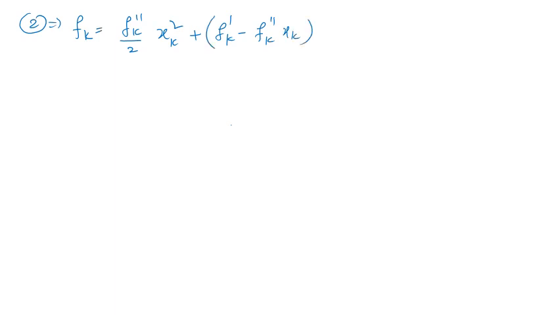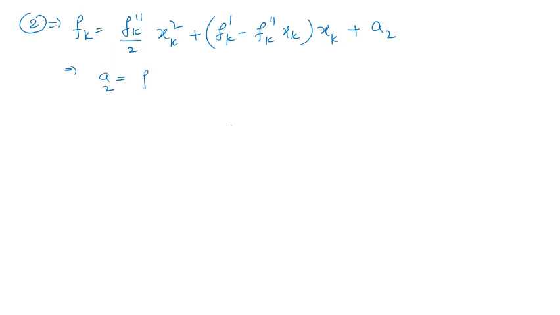Therefore, equation 2 gives fk equal to fk double dash by 2 xk square plus fk dash minus fk double dash xk times xk, plus a2.